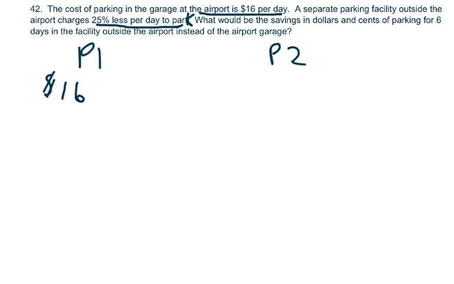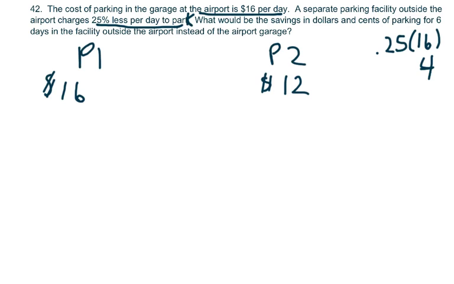So basically, if you don't know, 25% of 16 is 1/4 of 16, which is 4. And so 16 minus 4 is 12. That's kind of just intuitive. So 25% is like 1/4, and then you subtract 4 from 16. All right? If it was 50% less, it would be $8. So think of it that way.